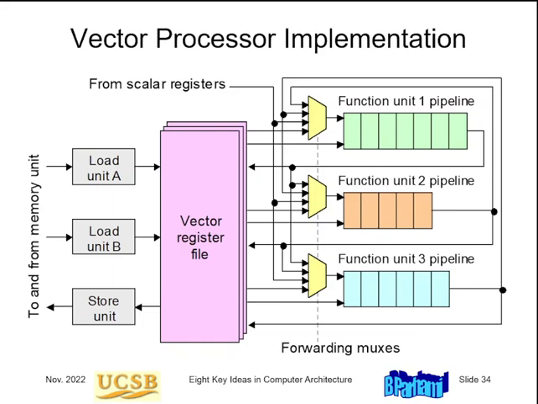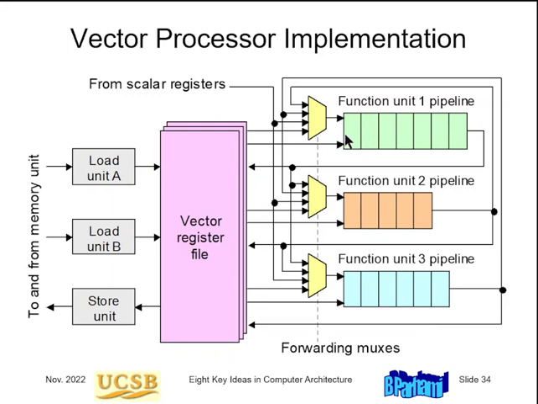So then we can perform vector operations. We can take two vectors and add them element by element. The first element of this vector is added to the first element of this vector, and the result stored in a different vector. And these elements are pipelined through this.